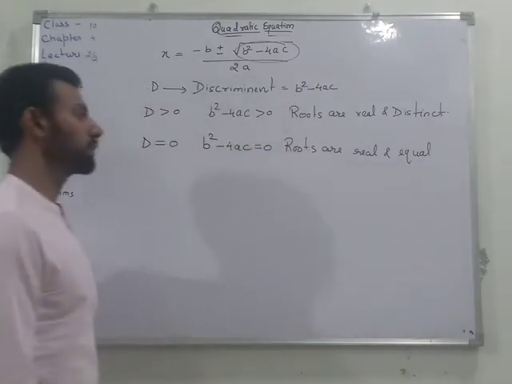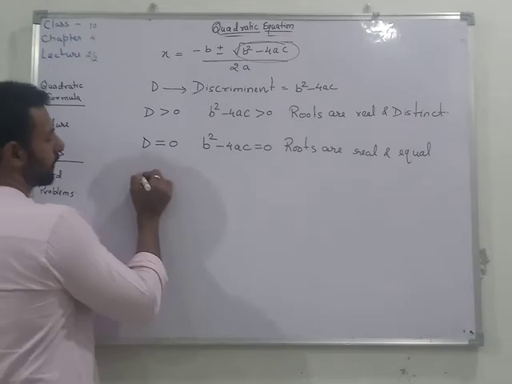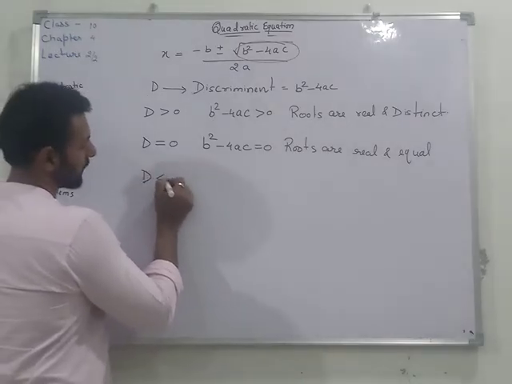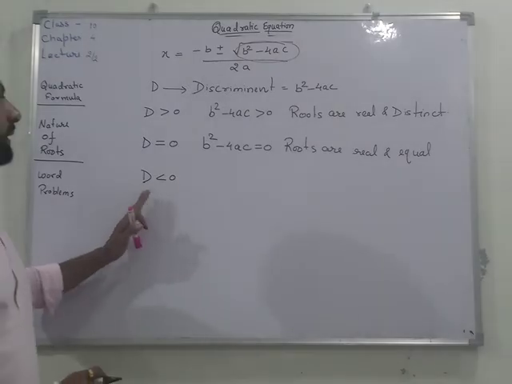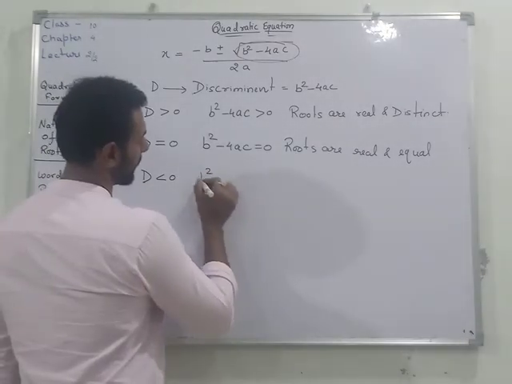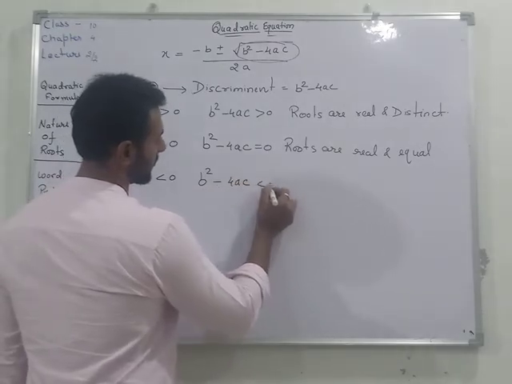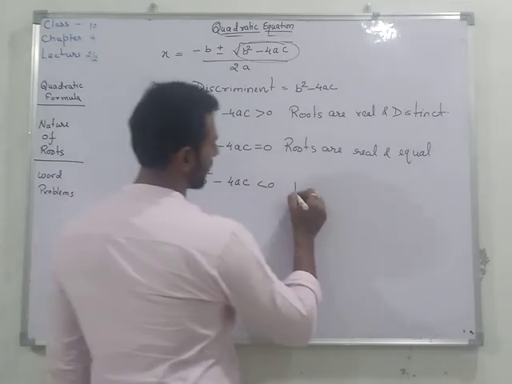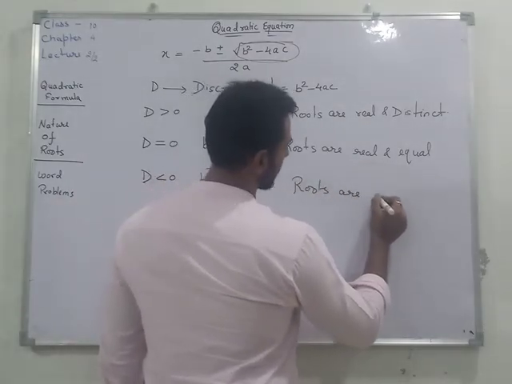And if D is less than 0, if the discriminant is negative, that means b² - 4ac is less than 0, then the roots are imaginary.